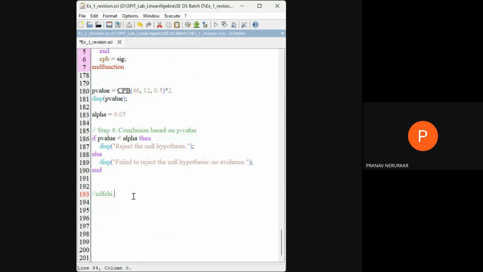One such function is the cumulative distribution function for chi-square. In other programming languages, maybe you will have to import some libraries, but in Scilab, this function is available. You don't have to import anything. That is something we can use to our advantage.